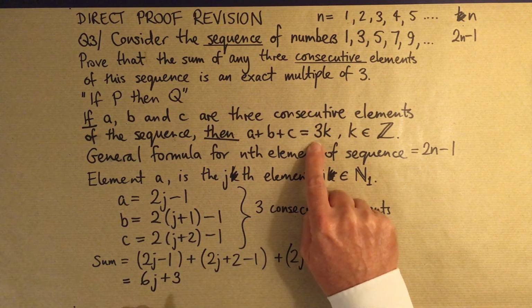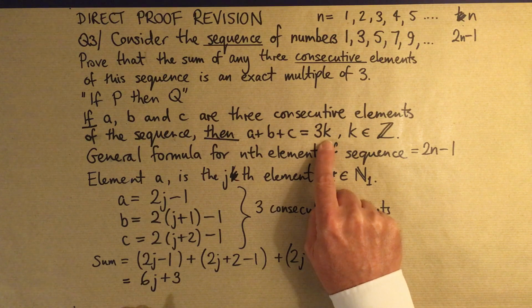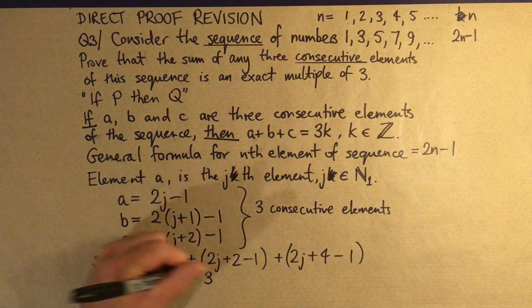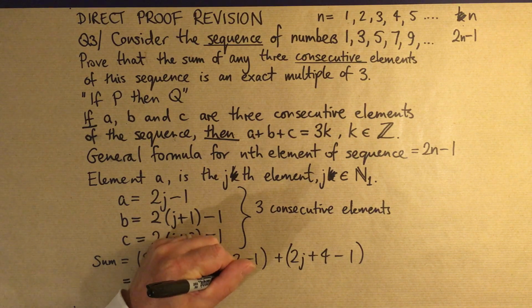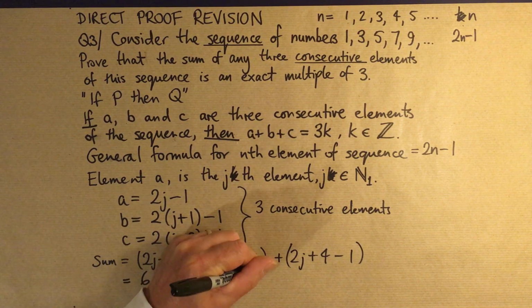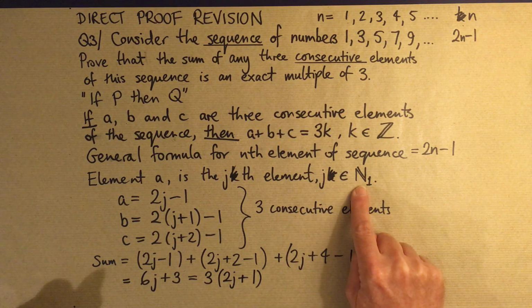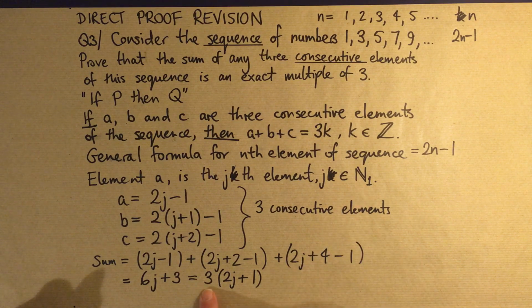I'm trying to show that that's 3 times an integer. So I will rearrange that, take the 3 out of the bracket, and then I've got 3 times 2j plus 1. And because j is a member of N1, that means I've got 3 times an integer.